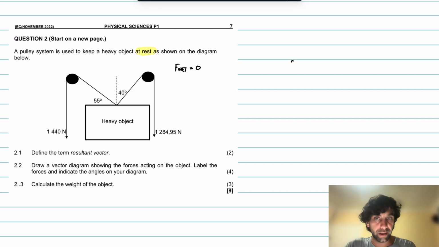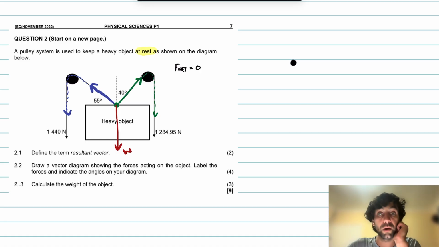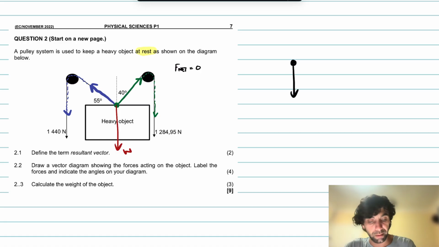But before I even draw my vector diagram, I am going to draw a free body diagram. I always recommend that you draw a free body diagram to start off with. First of all, our heavy object has some force acting in this direction, which is this force acting around this pulley. We also have another force acting this way, which is this force acting down this pulley, and of course we have some heavy object which always has some weight acting downwards.